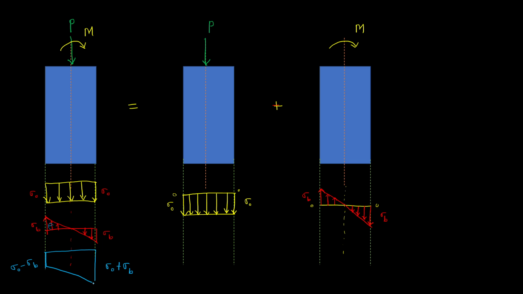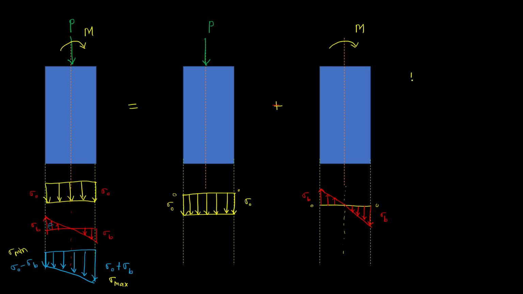Now if we connect these two, then this representation is the representation of total stress when an eccentric load is acting. Okay, so on left hand side it is sigma 0 minus sigma b, right hand side it is sigma 0 plus sigma b. Now this is nothing but sigma max and this is nothing but sigma minimum.